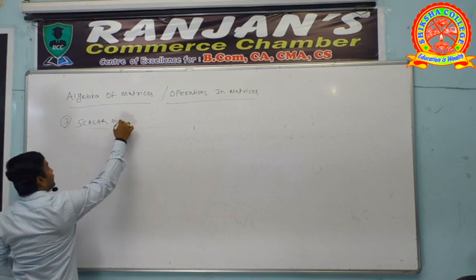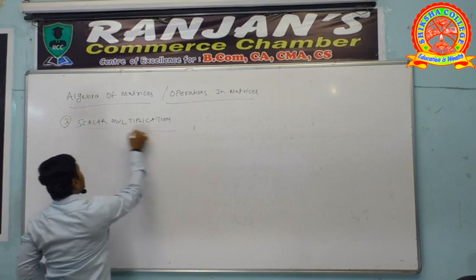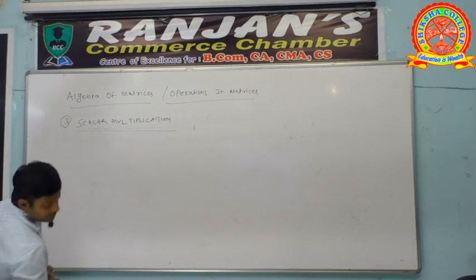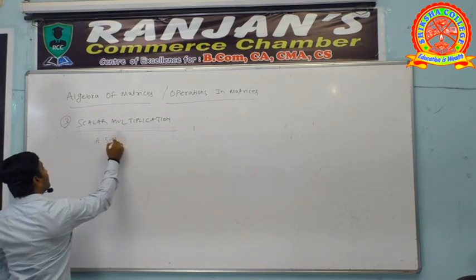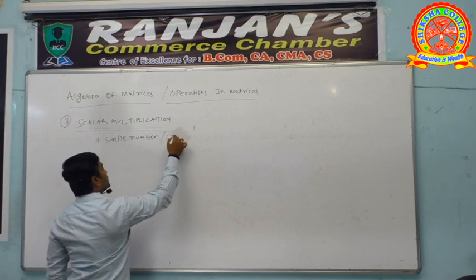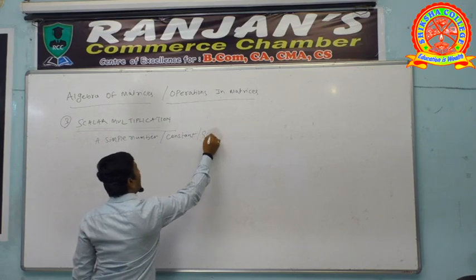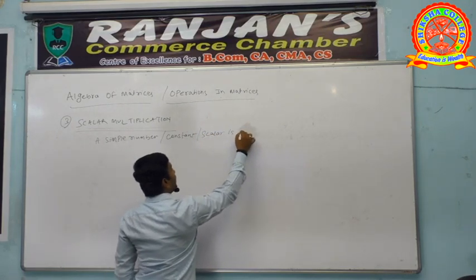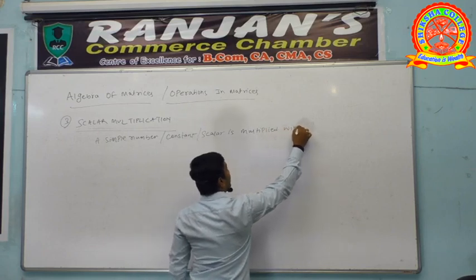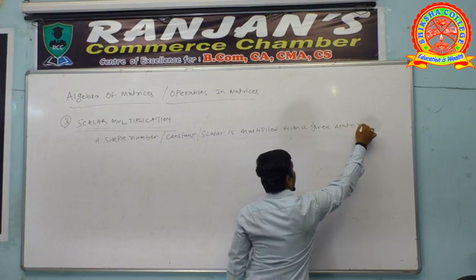Scalar multiplication. Okay, so what is scalar multiplication? What is scalar? Scalar multiplication means a simple number, or we say a constant number, that is known as a scalar, is multiplied with a given matrix.